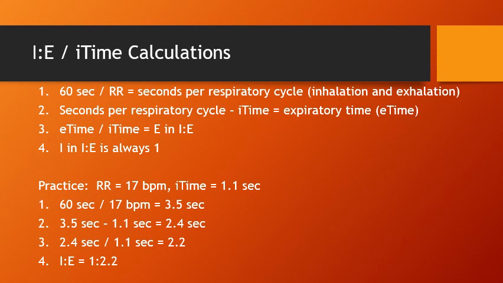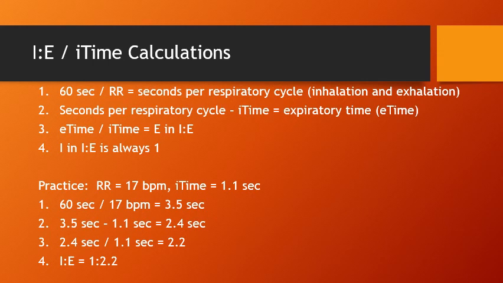That's going to give us the expiratory time, also known as the E time. So that makes sense. If our seconds per respiratory cycle included both inhalation and exhalation, and we remove the inhalation piece, the I time, what we're left with is the expiratory piece, the E time. Okay, so now we have an I time and we have an E time.